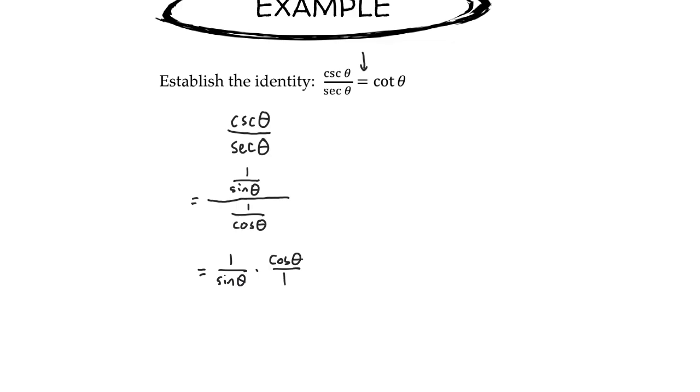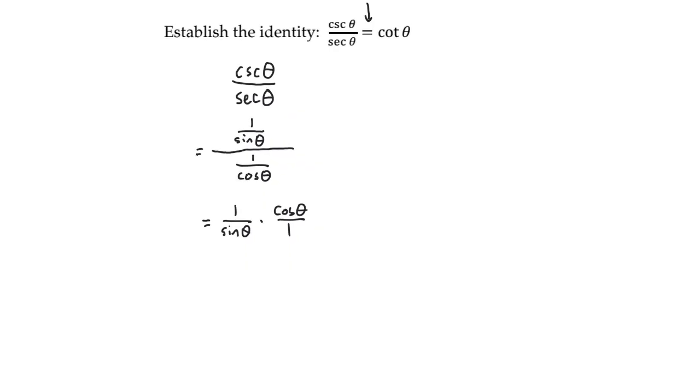So take care of that division. And as you can see, when I do the multiplication there, I get cosine theta over sine theta, which is indeed equal to cotangent theta. And that was the goal all along. I've reached my goal, and therefore the identity has been established.